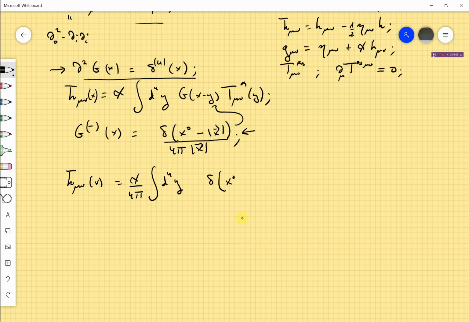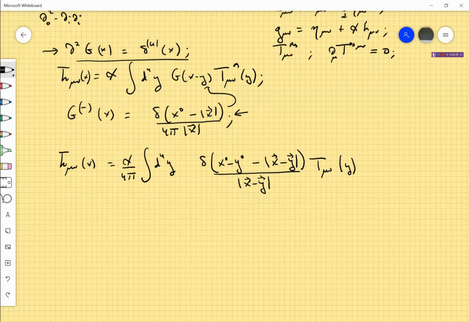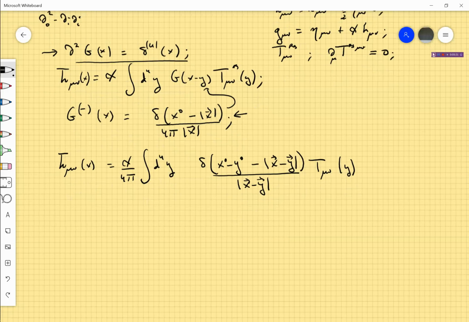So here we have x0 minus y0 minus the absolute value of the vector x minus y, all divided by the absolute value of x minus y, and then multiplied by T mu nu evaluated at y. I don't write the Rosenfeld label because it should be understood that this is the one we are using.